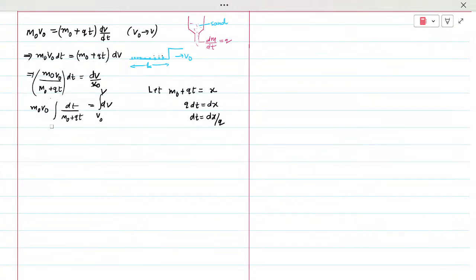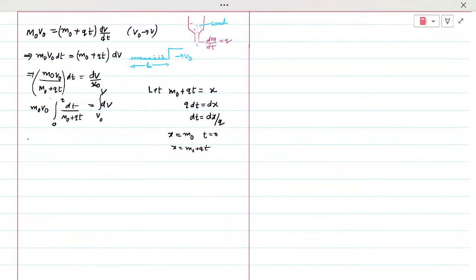At t equal to 0, x is equal to m0, and at t equal to t, x is equal to m0 plus Qt.